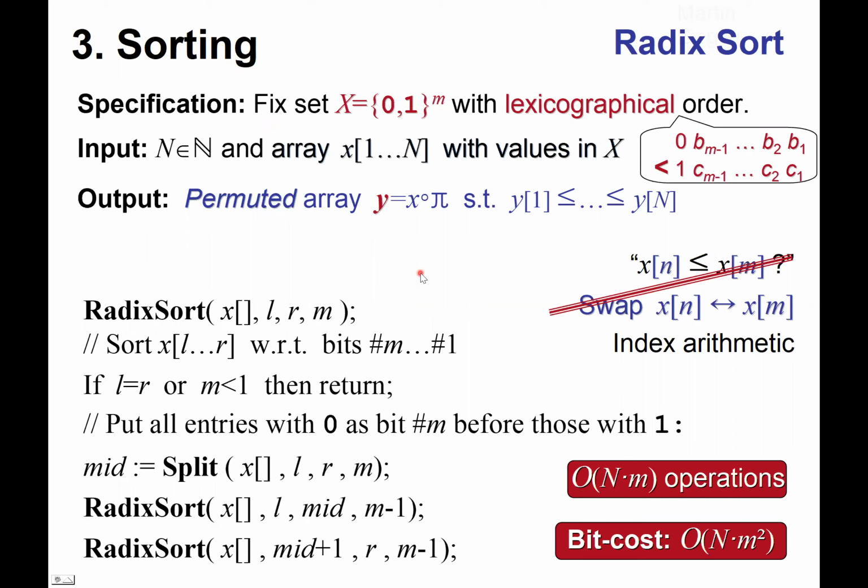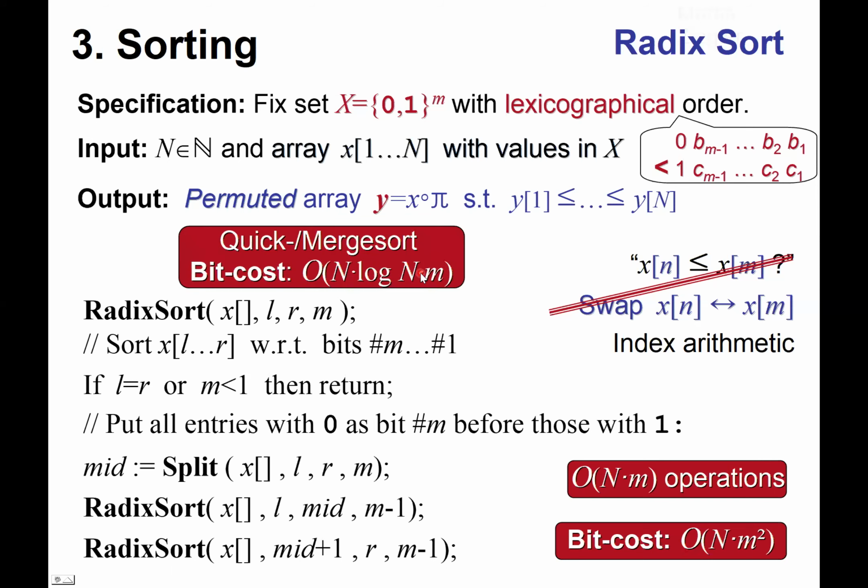So to move on, these are two examples of non-comparison based algorithms, algorithms that superficially seem to beat the n log n lower bound, but on closer inspection, there's still something like n log n present in some cases, depending on the input parameters, the relation between n, the number of elements, and m, the length of the bit strings to be sorted.